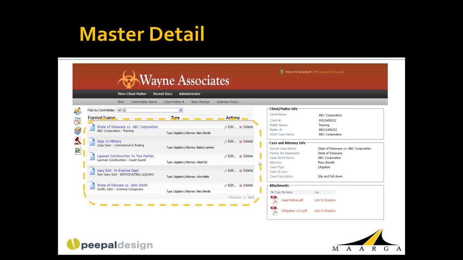Now the curious thing here again is the fact that what you see on screen, the client matter, the case and attorney, and the attachments are really coming from 3 different data documents in the back. But then for the user, they show together in a unified interface, creating that illusion of looking at the details of a single piece of information.